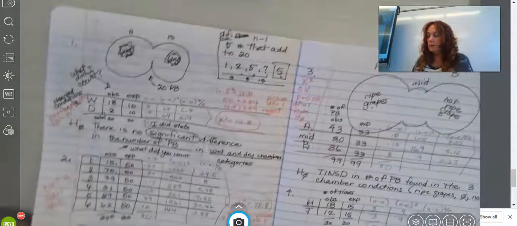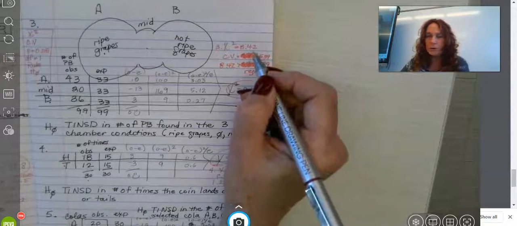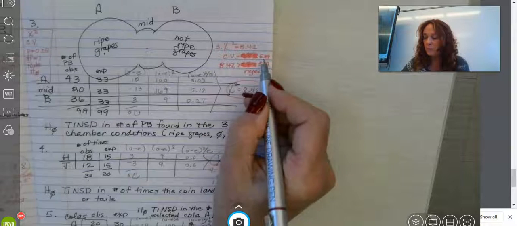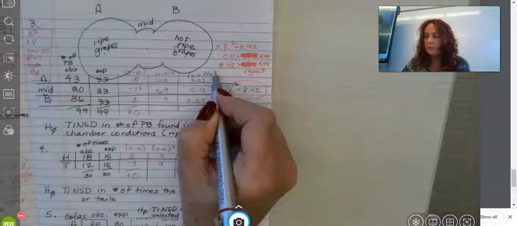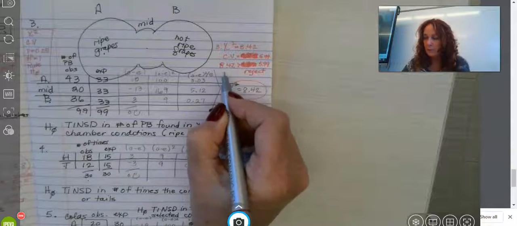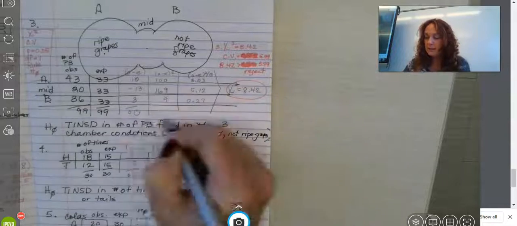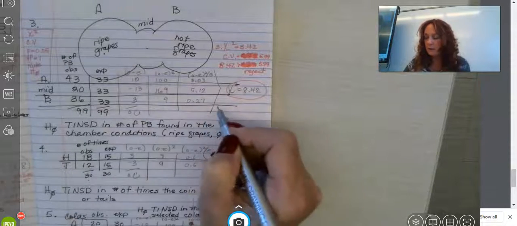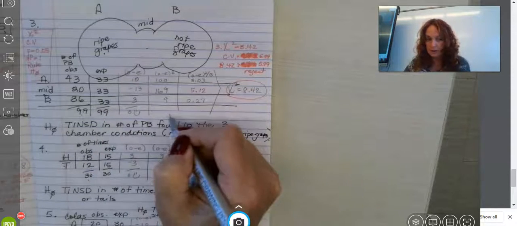Okay, let's go to 3. So for 3, my chi-square is 8.42. My critical value from the table is 5.99. I'm going to write my rule. I go first. 8.42 is greater than 5.99, which means these differences are too large to say that the difference in the numbers is due to chance. It's not due to chance.